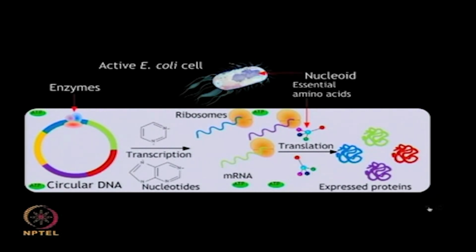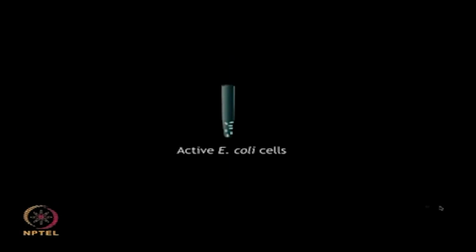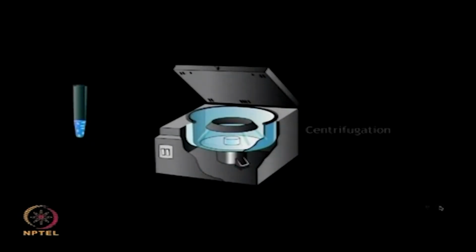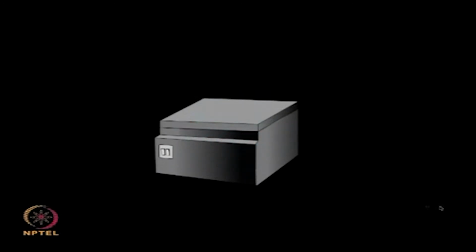As you can see in the animation, the two steps have occurred here, the transcription and translation, and the required material has been provided exogenously. The cells are lysed in a suitable buffer, and after that they are centrifuged at 30,000 g to collect the supernatant containing the extract.